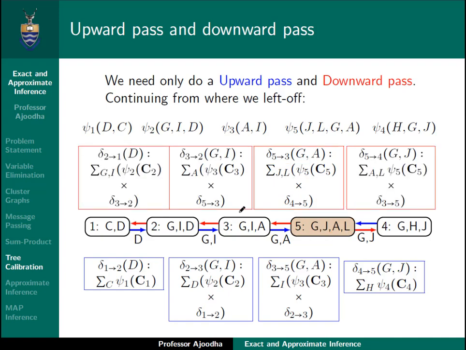Now once you've done this, congratulations, you can calculate the posterior probability over any combination of variables in this network.